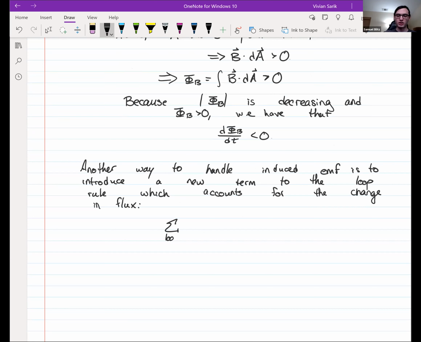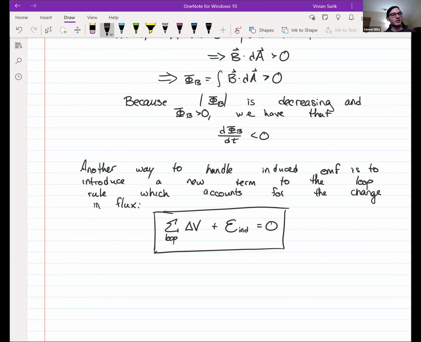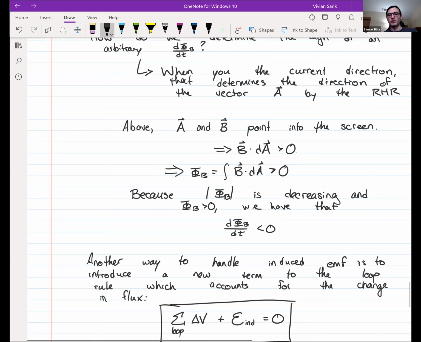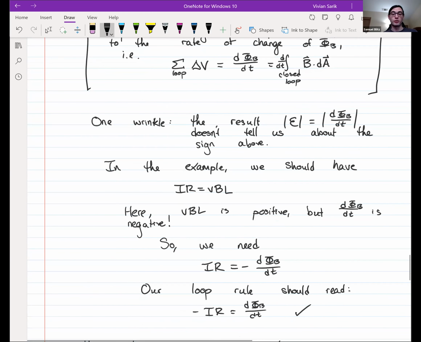So we have an integral, we're adding up all the contributions around the loop, and then we add an extra term, which is the induced EMF, and that has to add up to 0. And so then we can establish the induced EMF is what it needs to be so that this formula above is still true.